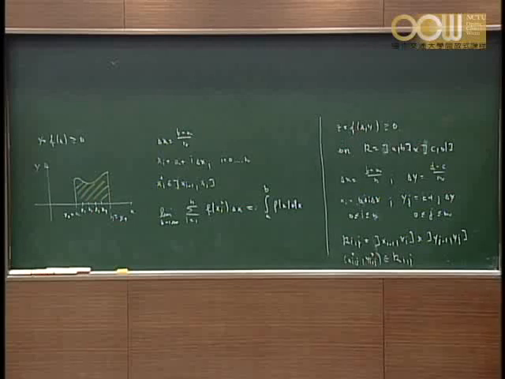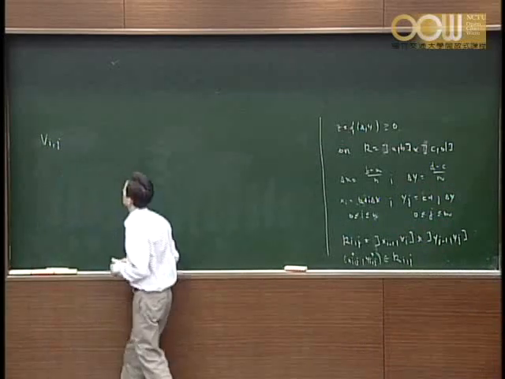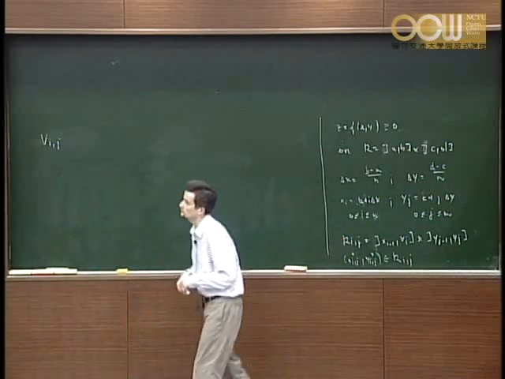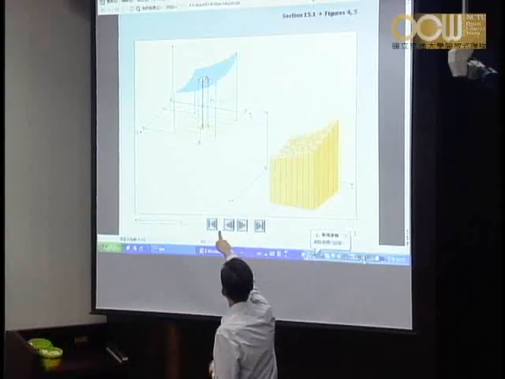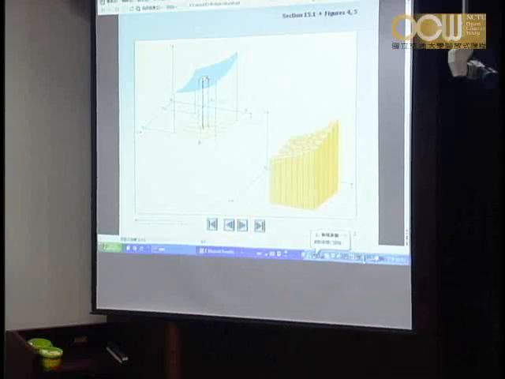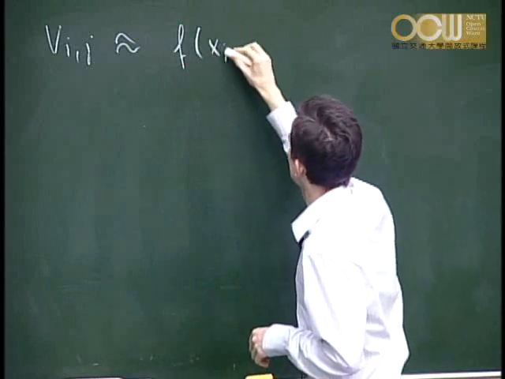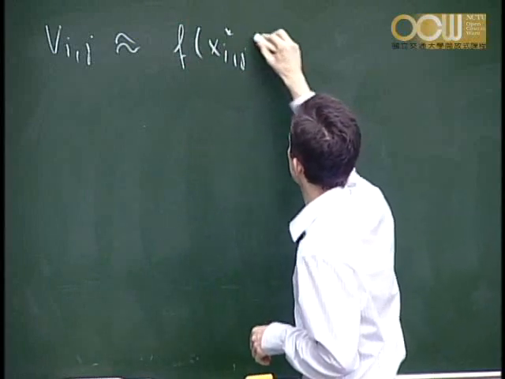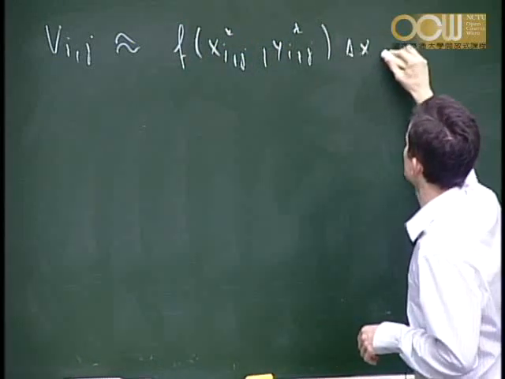Okay, so if we look at the ij part of the volume, what is lying above the rectangle R_ij and below the function, then this can be approximated by f evaluated at the sample point, multiplied by delta x, delta y.